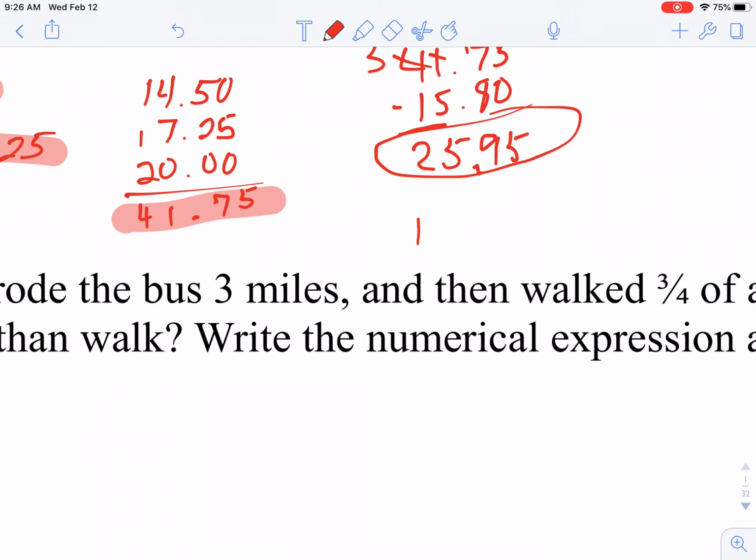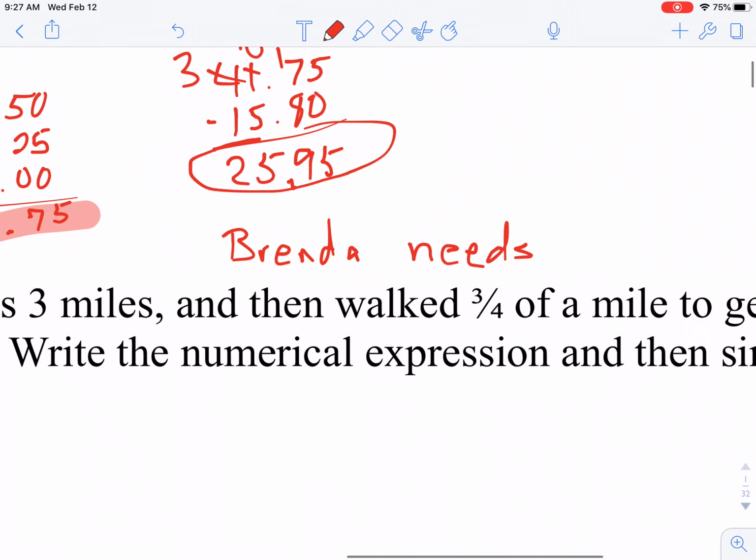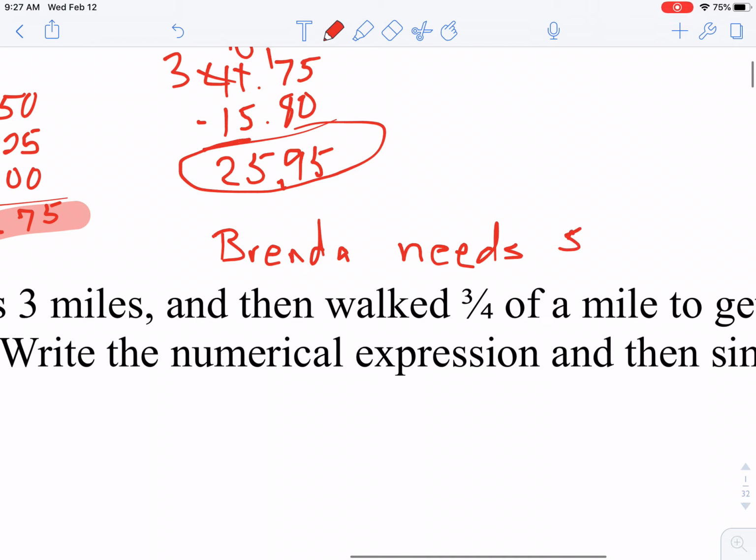So I would also write this out in a sentence. Brenda needs $25.95. And then that would be your answer.